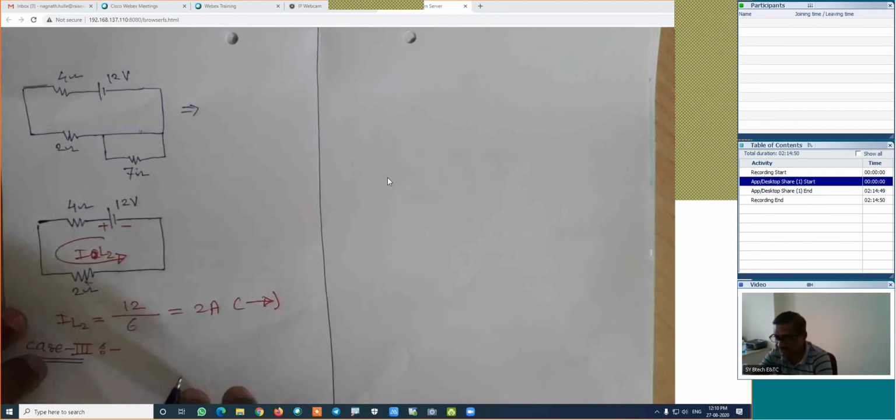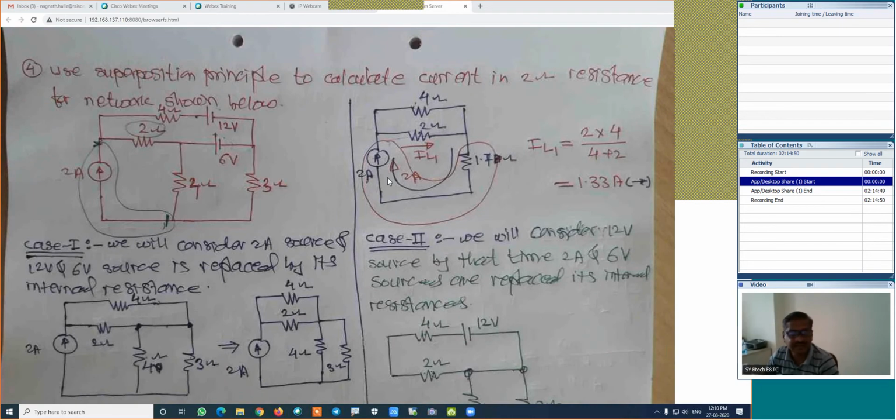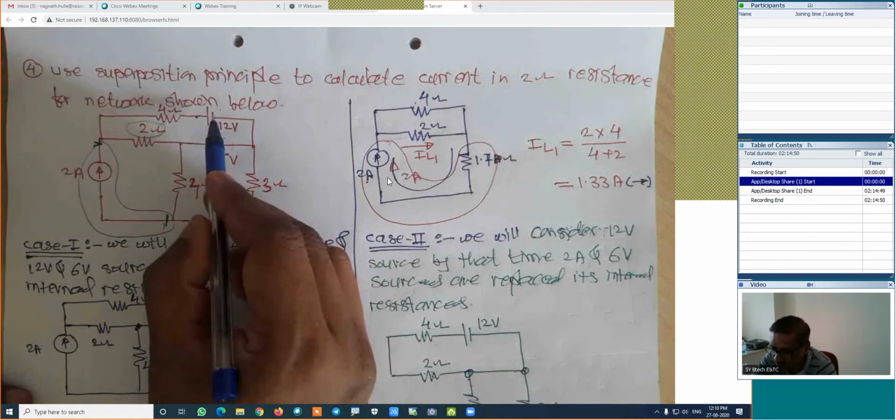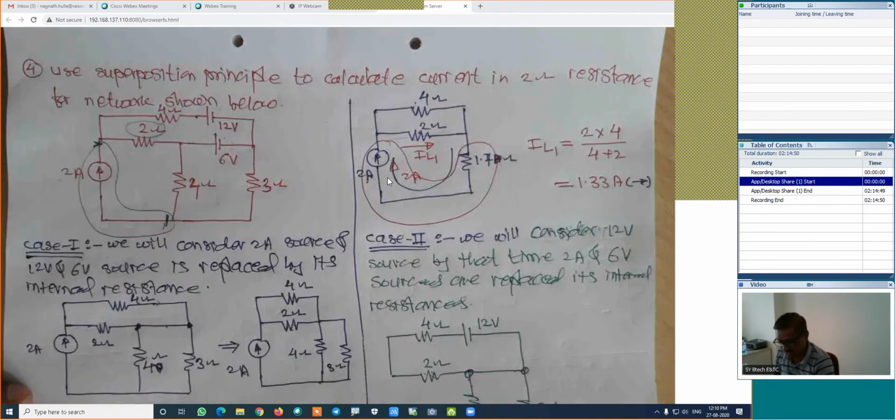Now what we will do, I will show the figure once again. What we will do now, in this case 3, we will consider this source and we will remove the 12 volt and 2 ampere source. Is it right?